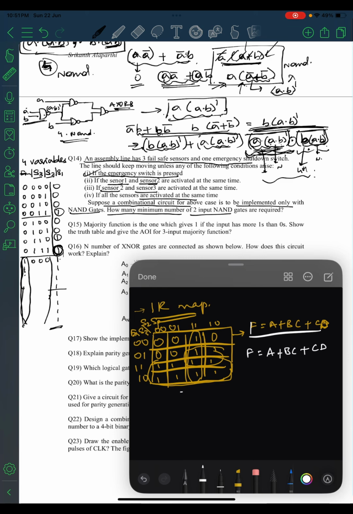Now what we need to do is they're asking to make this in terms of NAND gates, with the minimum number of 2 input NAND gates. So the same we need to do here.